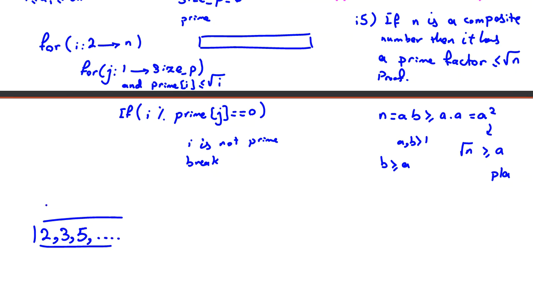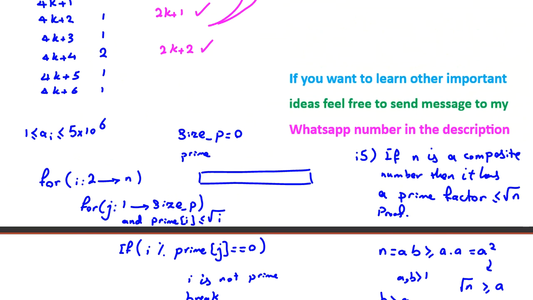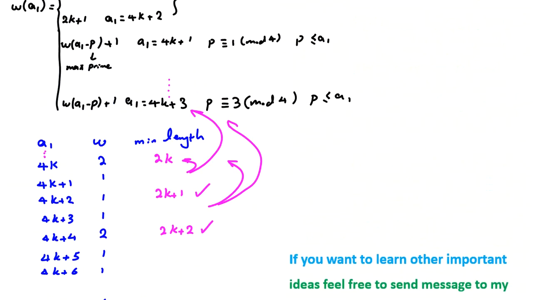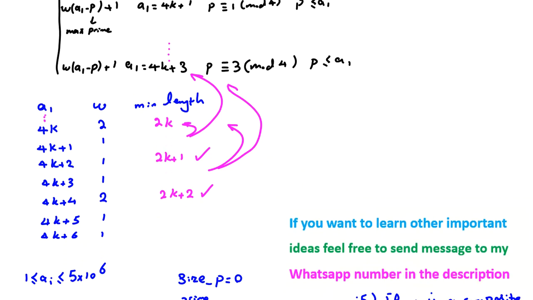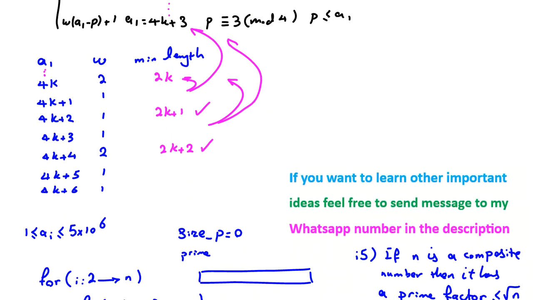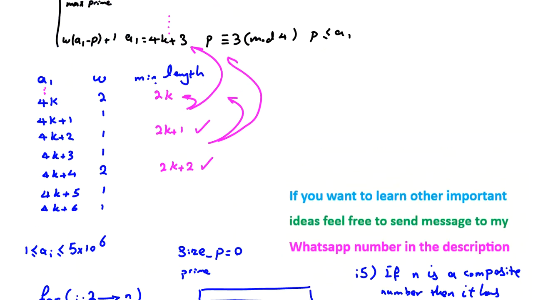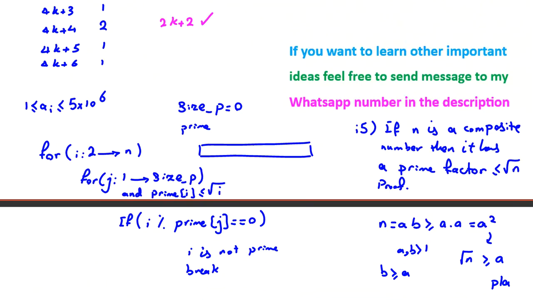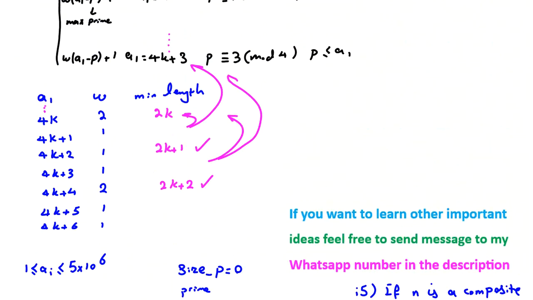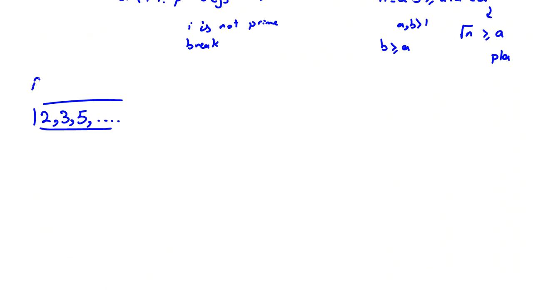And like this, we have all these primes from 1 up to 5 times 10 to the 6. Because we find these primes, we can fill the minimum length for all these numbers. When you are checking these numbers for A_i, for each of them we will find the minimum length. Okay, it is prime, and then we will find the minimum length for these numbers in the beginning of the solution.